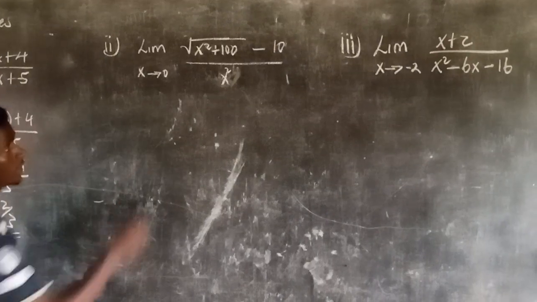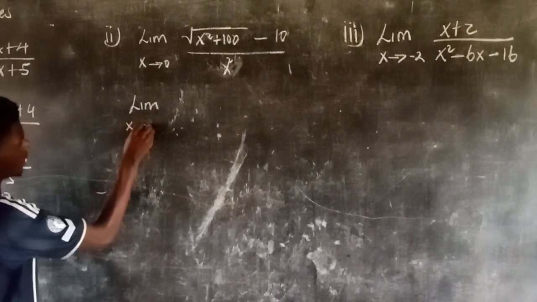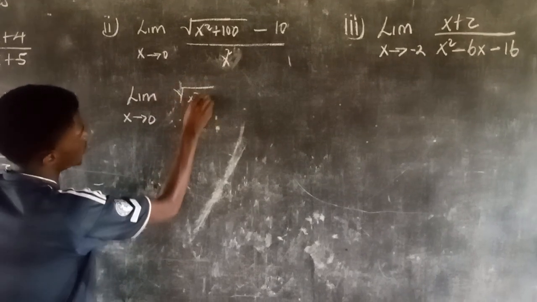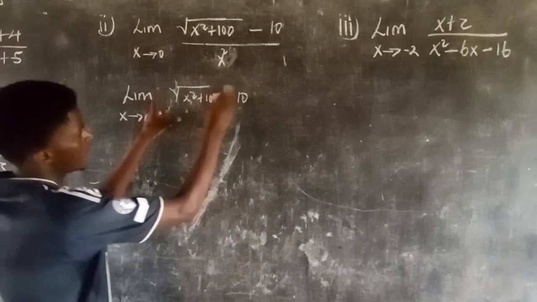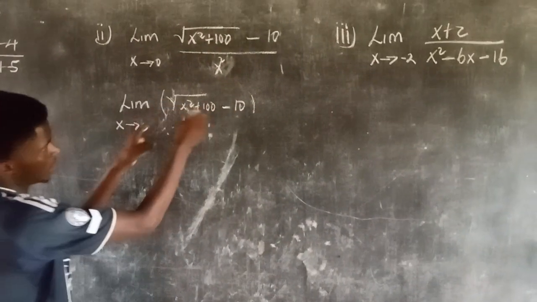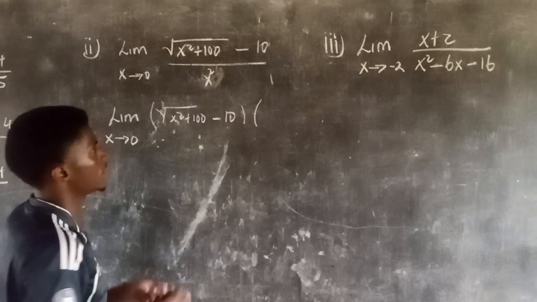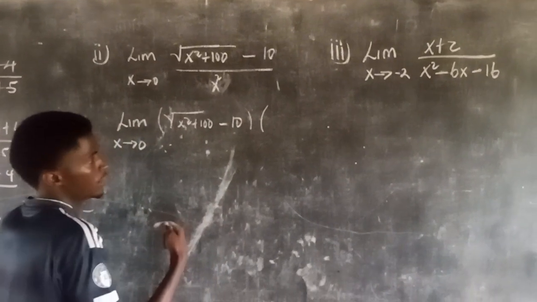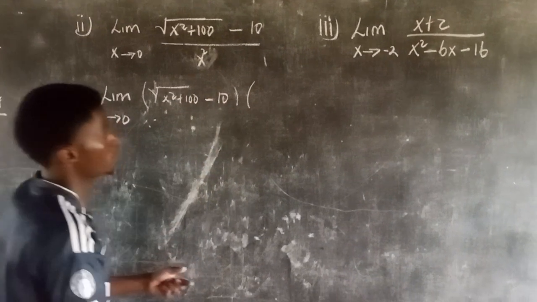So let's now move forward. You have the limit as x approaches 0 of the root of x squared plus 100 minus 10. You're going to multiply this numerator by the conjugate of this same expression. What I mean by the conjugate is that you multiply by the same expression, but you change the sign from negative to positive.